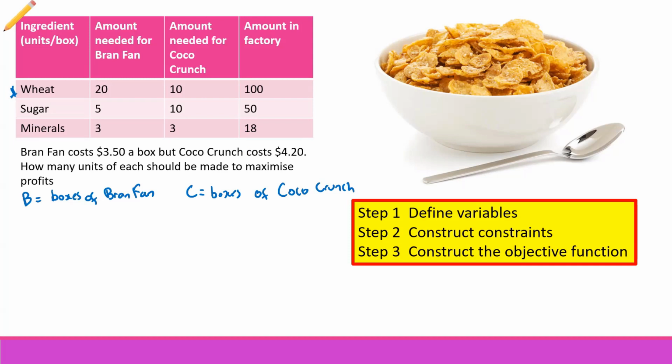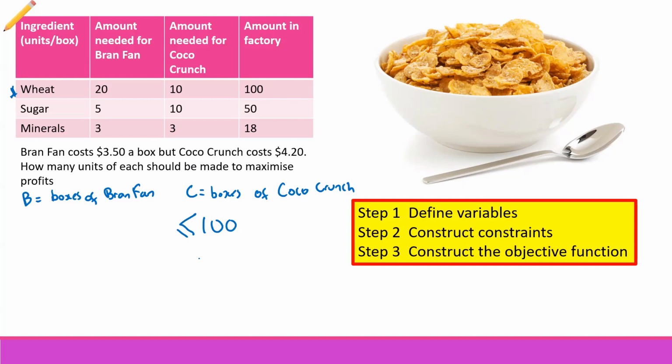I'm not going to say it could be kilograms, it could be tons, I don't know what it is. I've just said 100, right? So that means that if I'm going to use wheat, I can only use up to 100.